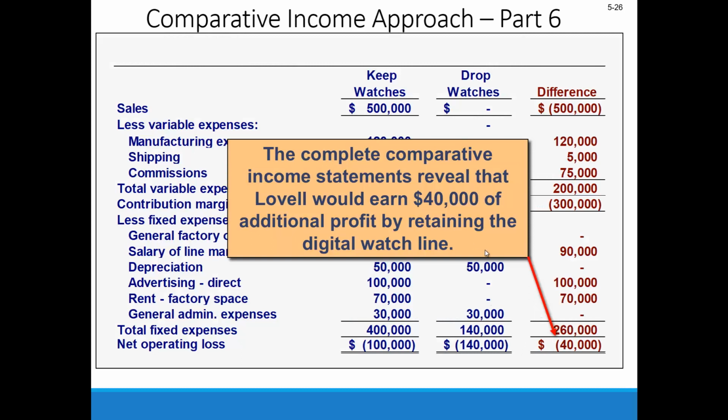Usually these decisions do hinge on what portion of these fixed expenses are avoidable if we get rid of the particular segment, and what portion are not. What portion are just common allocated fixed expenses that would get dumped on somebody else but would still remain in the company's overall potential profitability calculation.